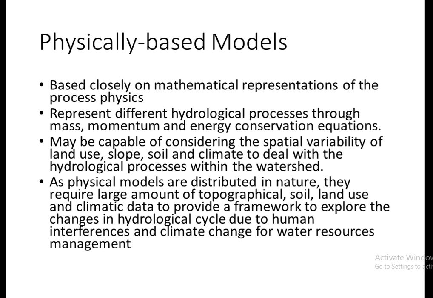As physical models are distributed in nature, they require a large amount of topographical, soil, land use, and climatic data to provide a framework to explore the changes in the hydrological cycle due to human interference and climate change for water resources management. A large amount of data is required for this model, so it is time consuming, and it is not budget friendly.